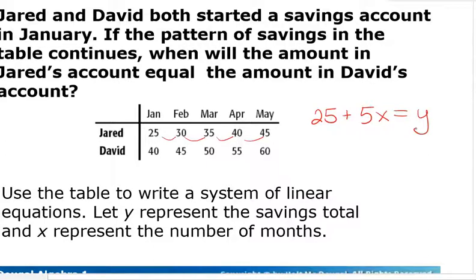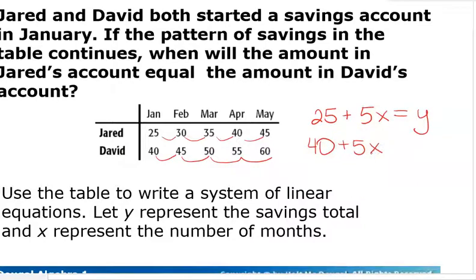Now take a moment and see if you can come up with an equation for David's. So what did David start with? David started with 40. And then what did we add each time? We added $5 per month.